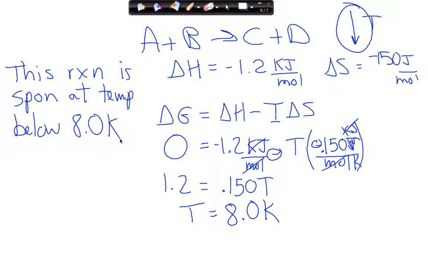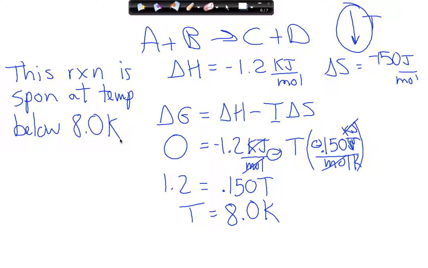But guys, what if you were to say this reaction is spontaneous at temperatures of 8 Kelvin and below? That's wrong, because this reaction is not spontaneous at 8 Kelvin. It's at equilibrium at 8 Kelvin. So notice the subtle difference.